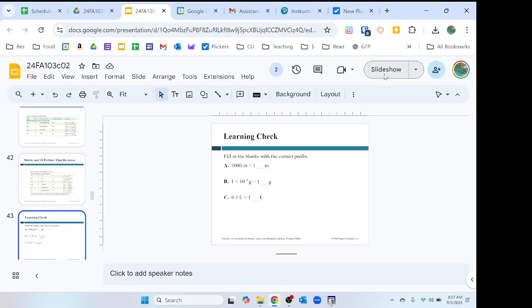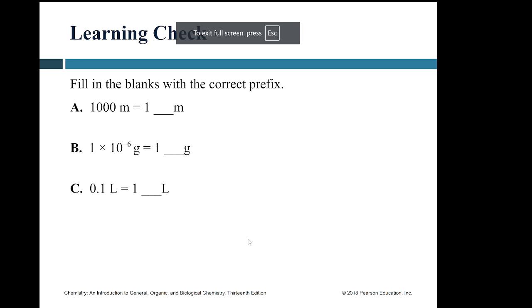All right. So, 1,000 meters. What sort of prefix should you use for that to be a 1? Kilometer. You got it. 1 × 10⁻⁶ grams. Micro, exactly. Microgram. 0.1 liter. Deciliter. Perfect.